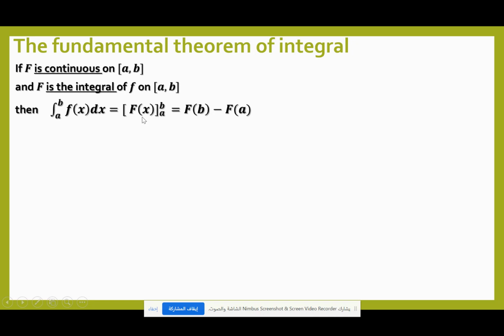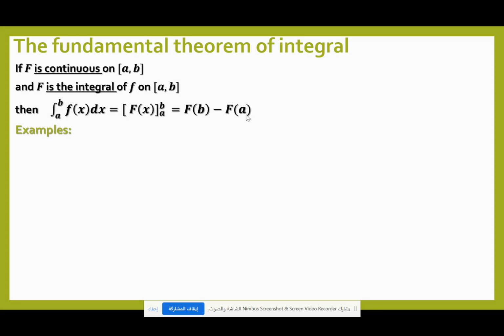Its derivative will take you back to f. If you differentiate it, you will go back to that one. Make it between a and b. Then you replace x by b first, it is always b first, minus replace by a second. And this is our fundamental theorem.